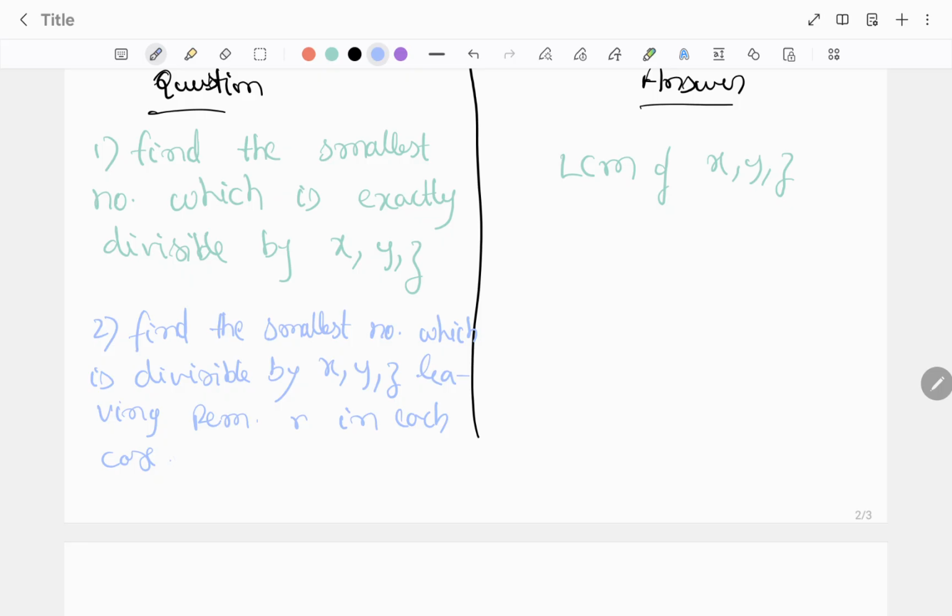Based on the examples of these models, I will give some examples, no need to worry. So LCM of x, y, z plus r will be the answer.